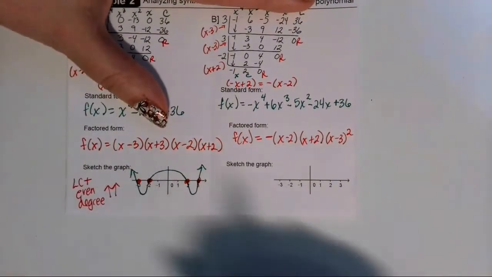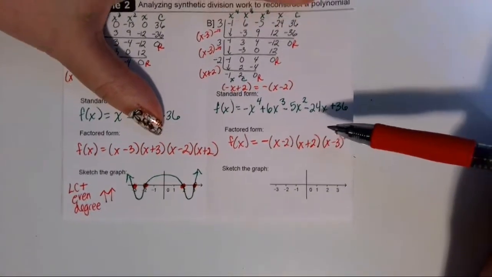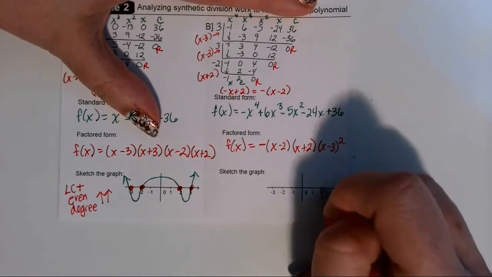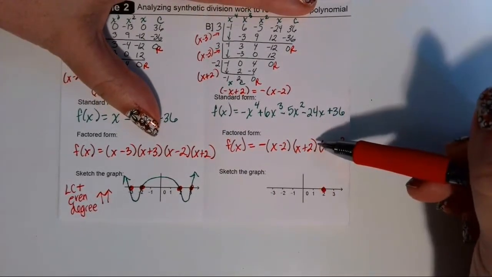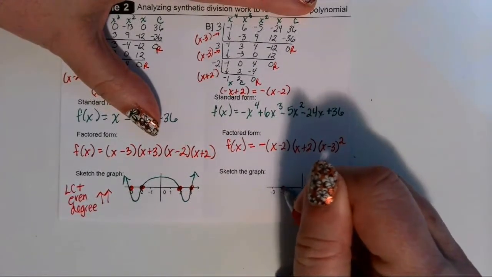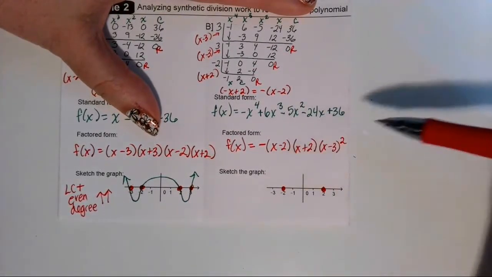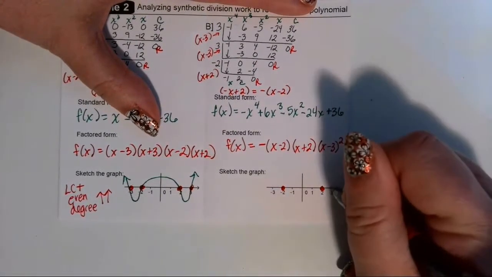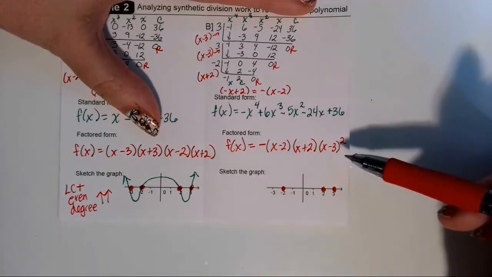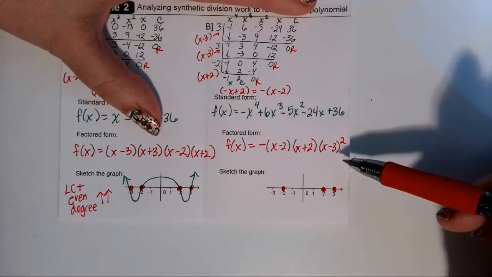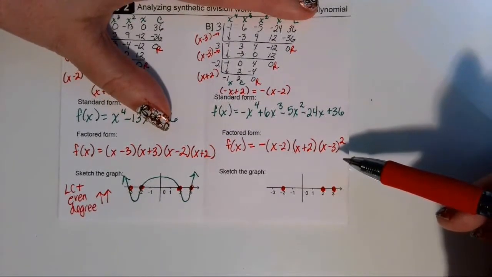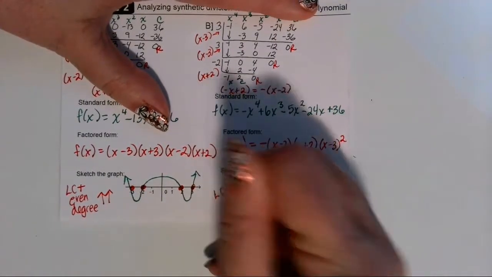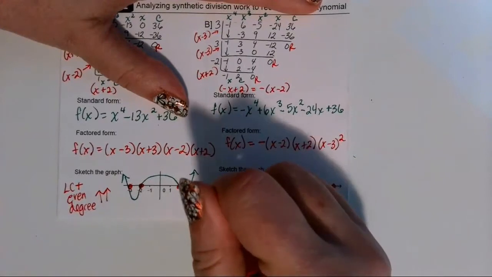So when we go to sketch the graph of this polynomial using the factored form, we have a real 0 here at +2. We have a real 0 at -2, and those will each be crosses since they're linear factors. Then this even multiplicity on the 0 of 3 means that it's going to bounce off of that x-intercept at +3. Okay, then looking at the leading coefficient test, our leading coefficient is negative, and our degree is even.